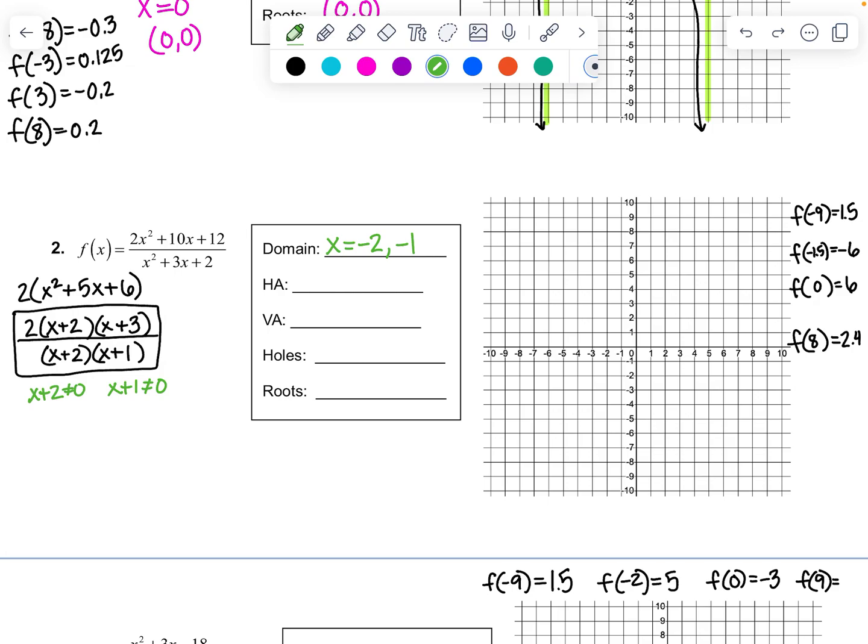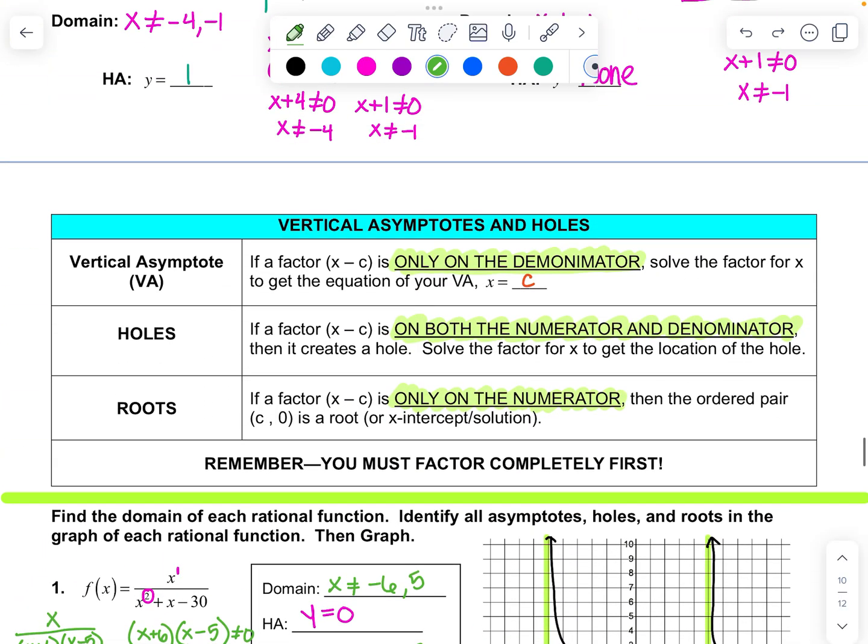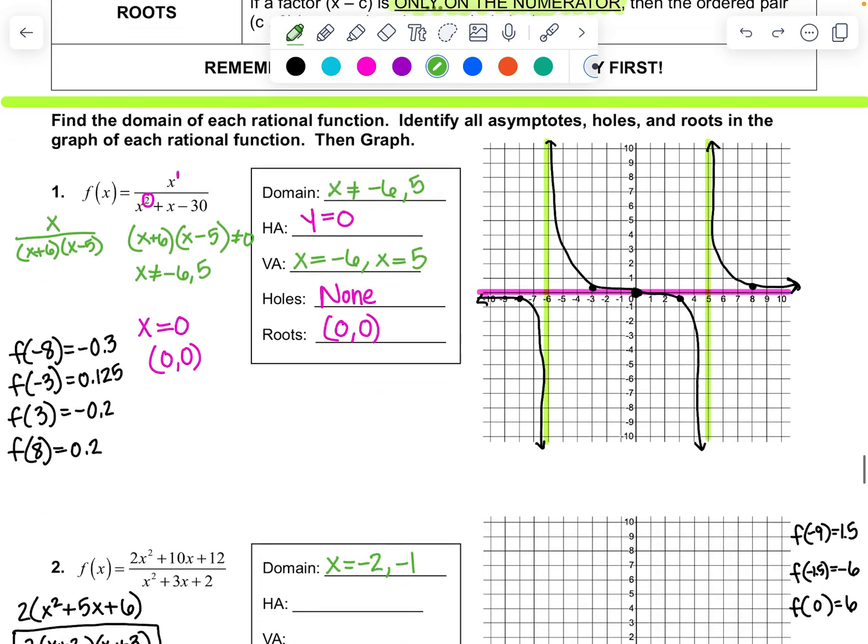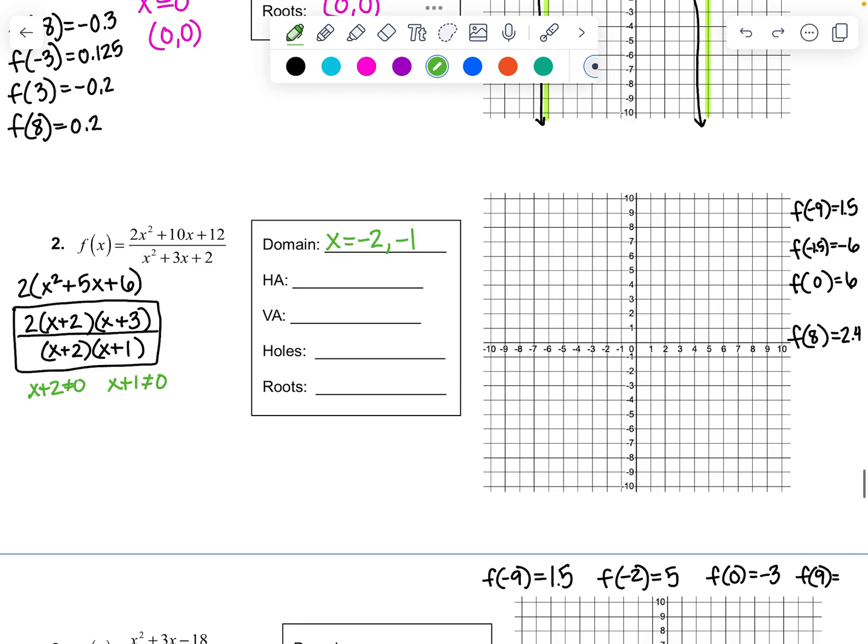I'm going to scroll back up here just so we can look at it. If we have a factor that is only in the denominator. So I am looking at my denominator. I see x plus 2 and x plus 1. Since I see another x plus 2 up in the numerator, the only factor that is only in the denominator is x plus 1. So my vertical asymptote is only at x equals -1. Okay, so since the x plus 2 is in both places, that is not part of our vertical asymptotes.